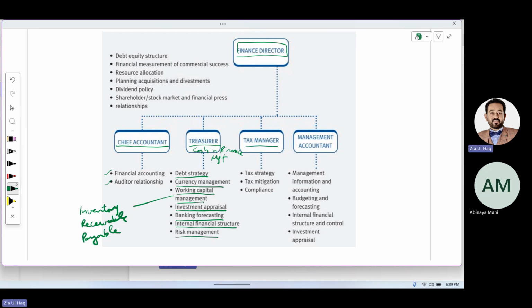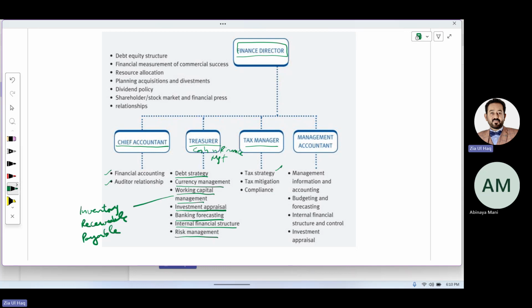And there is another person called a tax manager who will prepare the company's tax strategy. Tax strategy means how the company can minimize the tax. There are different techniques that you will learn in the taxation paper.